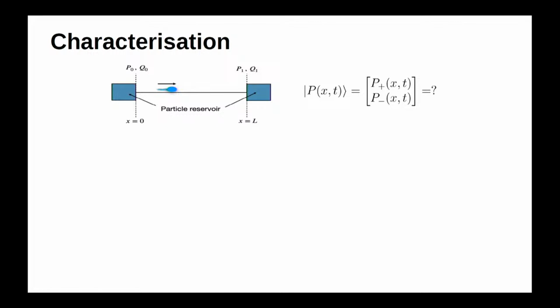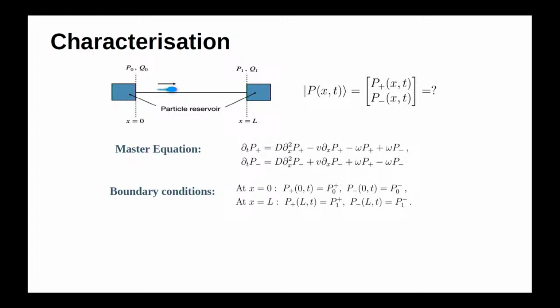You call it p plus and p minus, and if you somehow know this vector at different times, then you have the answer. So we are aiming for that, and for this you solve this master equation with this boundary condition, and once you evaluate p plus and p minus separately, you can calculate the total density and total magnetization.